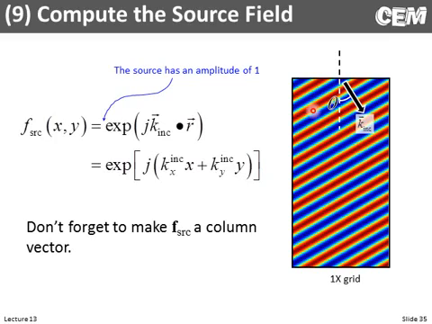So our source field tends to look like this. It's a nice uniform field coming in at some angle. And we calculate it this way. Then once we have this on a 2D array, we reshape this to a column vector so that f sub source is a column vector. Now we know the source field at every point in our grid.